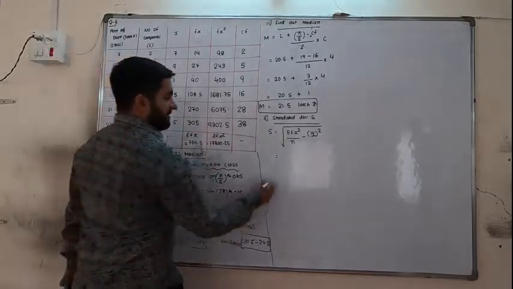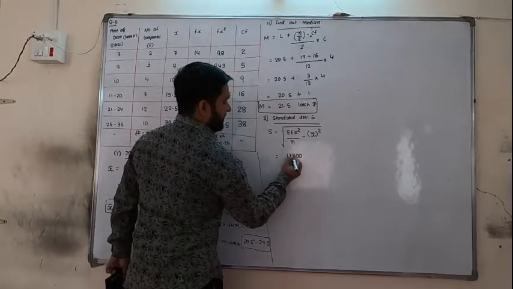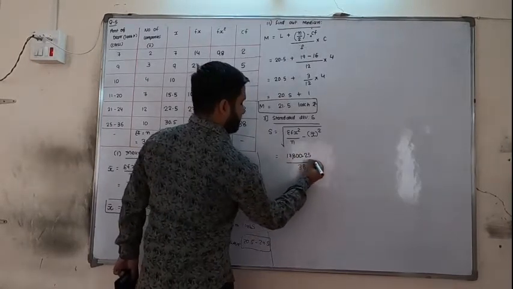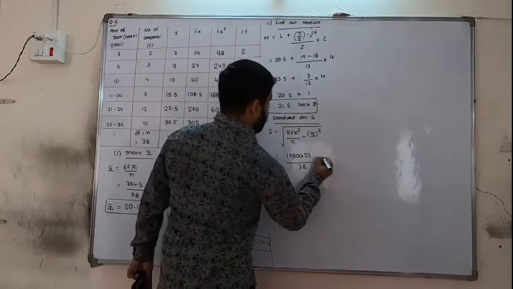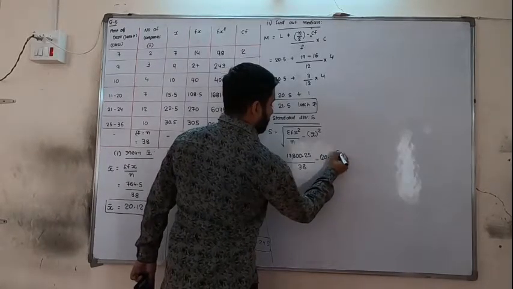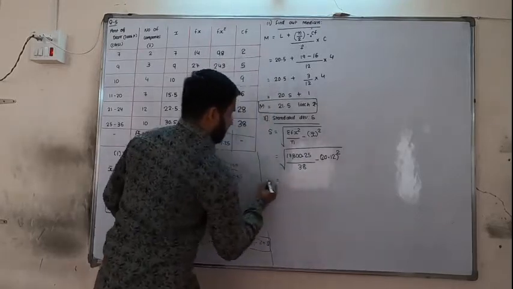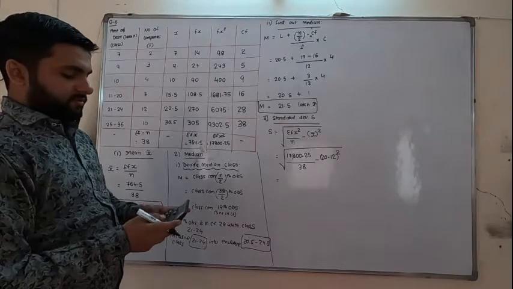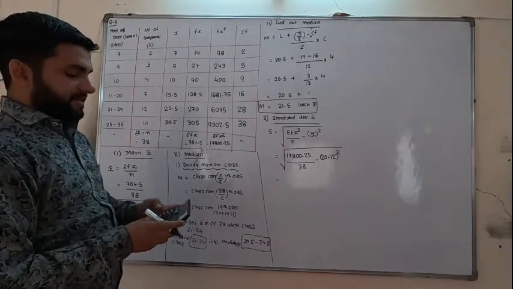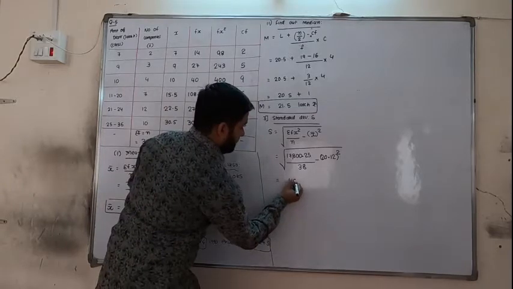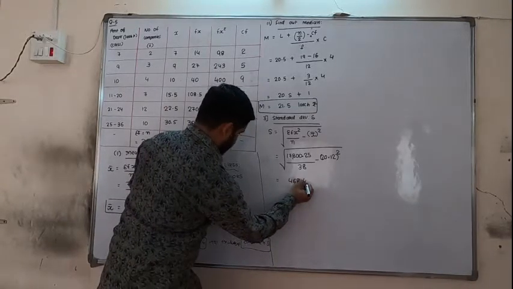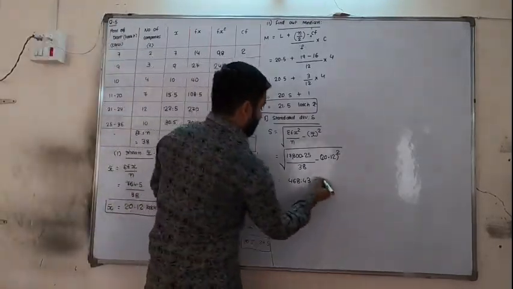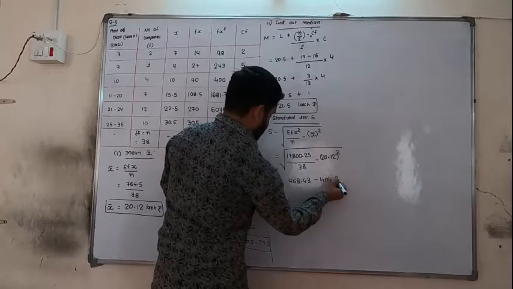Sigma fx square is 17,800.25 divided by 38, minus x bar square, which is 20.12 whole square. 17,800.25 divided by 38 is 468.43, and 20.12 whole square is 404.81.